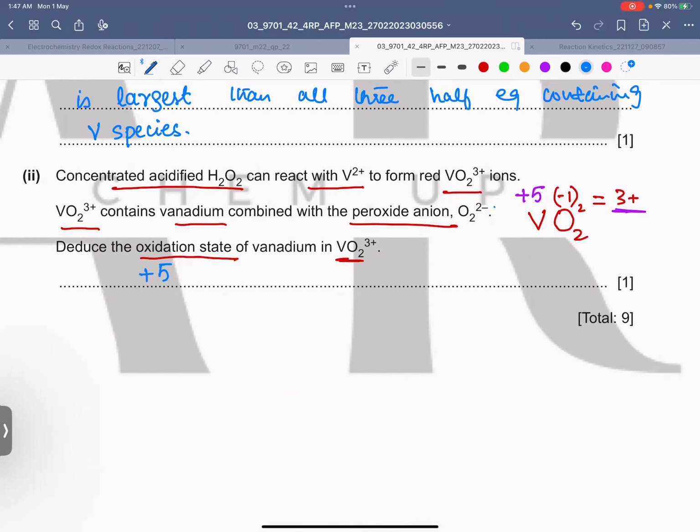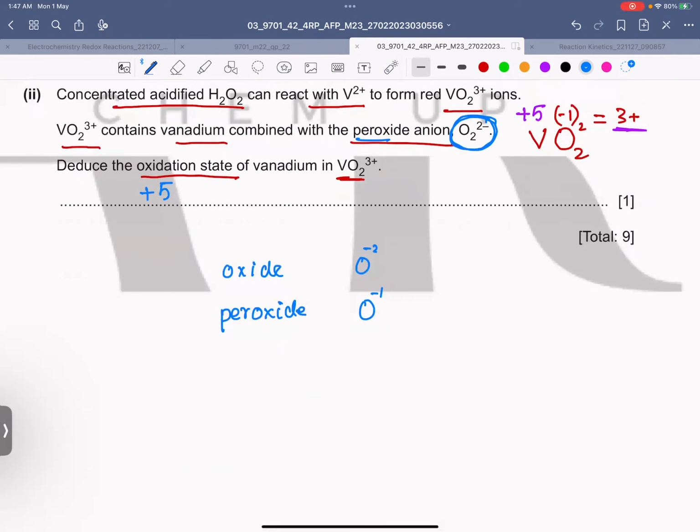No, Soliha, read this. That the whole O2 has a 2- charge. Remember, whenever there is an oxide, a single oxygen has a -2 charge, but whenever in the name it is written as peroxide, then that oxygen always has a -1 oxidation number.